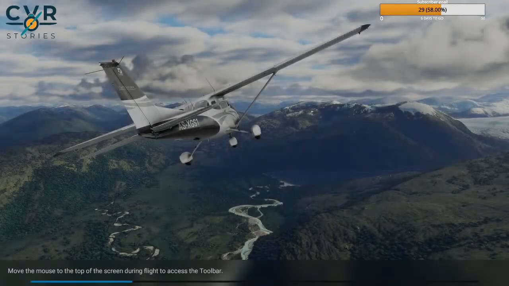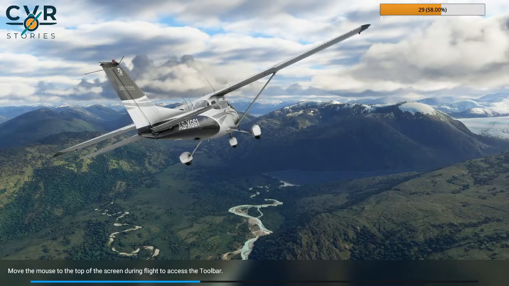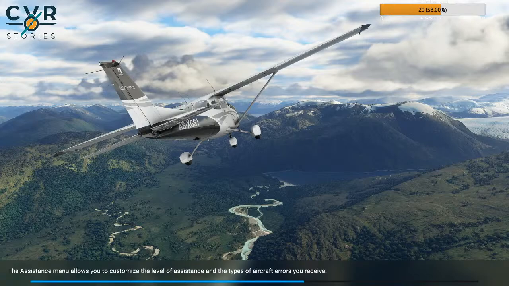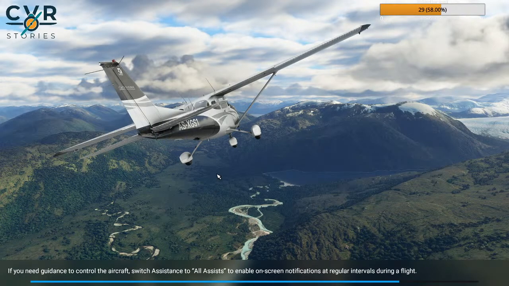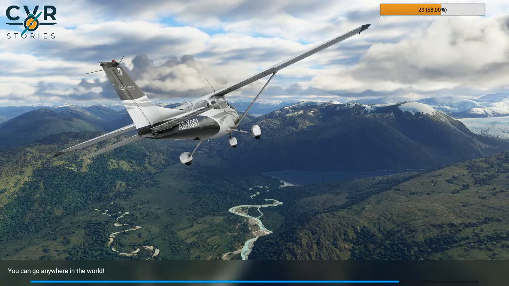Let's just load in. I'm going to try and use the Navigraph in-game option so that you guys can see what the charts are. Otherwise, I'm actually going to have to find one. I don't know why it doesn't show Navigraph on my charts over there.